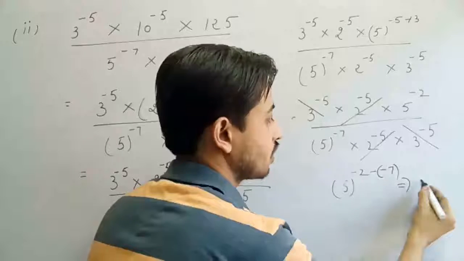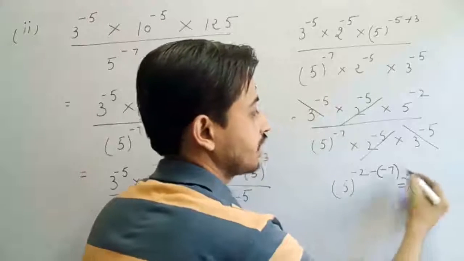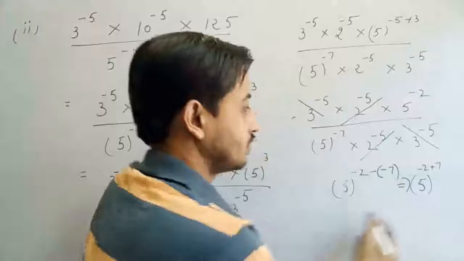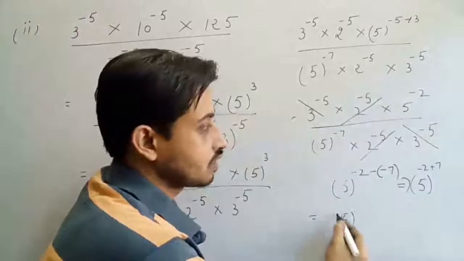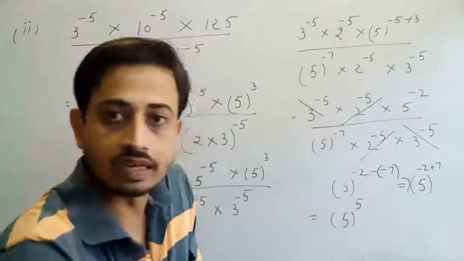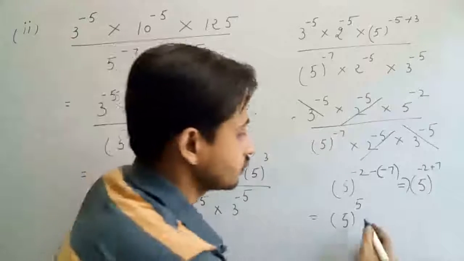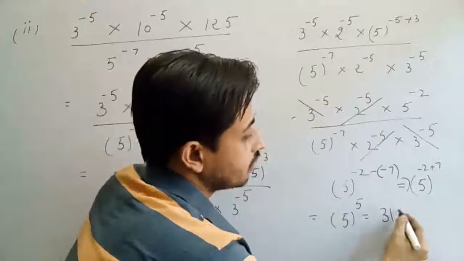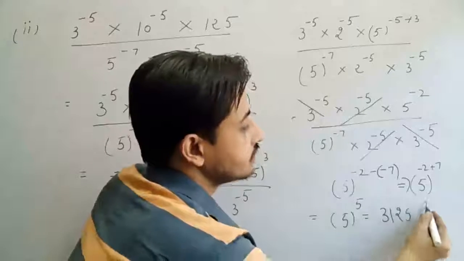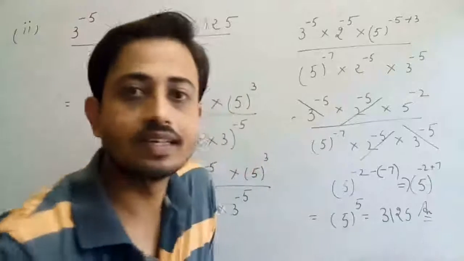So this becomes what? 5 raised to the power minus 2 plus 7. This means 5 raised to the power 5. And 5 raised to the power 5 means 5 into 5 into 5 into 5 into 5, 3125. So the answer is what? 3125 is the final answer.